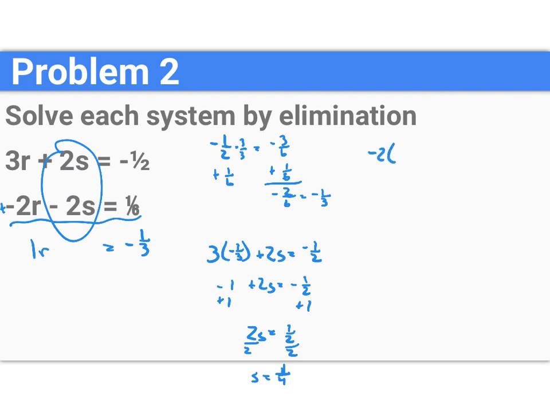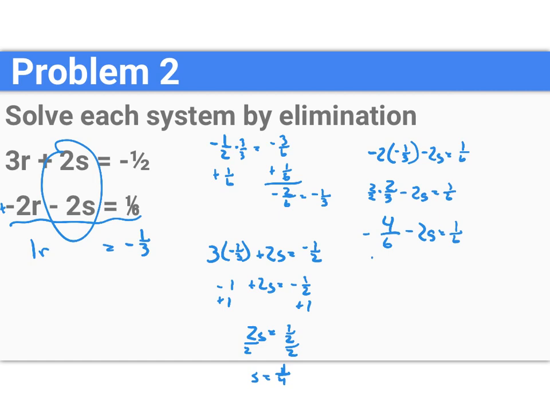Negative 2 times negative 1/3, minus 2s equals 1/6. 2/3 minus 2s equals 1/6. So we're going to convert this to 6 first by 2 over 2. So 4/6 minus 2s equals 1/6.